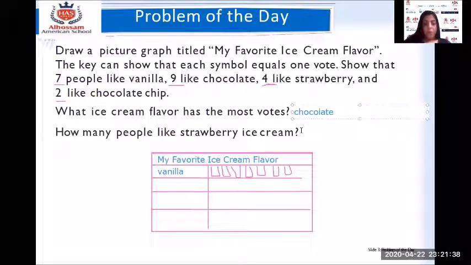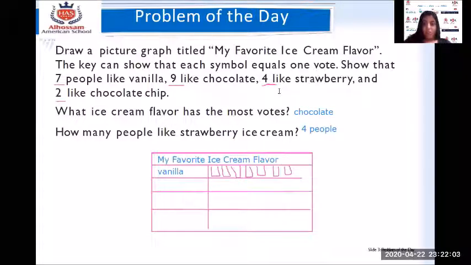And how many people like strawberry ice cream? Strawberry ice cream, 4. So I'm gonna write 4 people. Like that, I'm done. You just need to complete the flavors and record the votes. This is a picture graph, so you have to draw a picture for each ice cream.